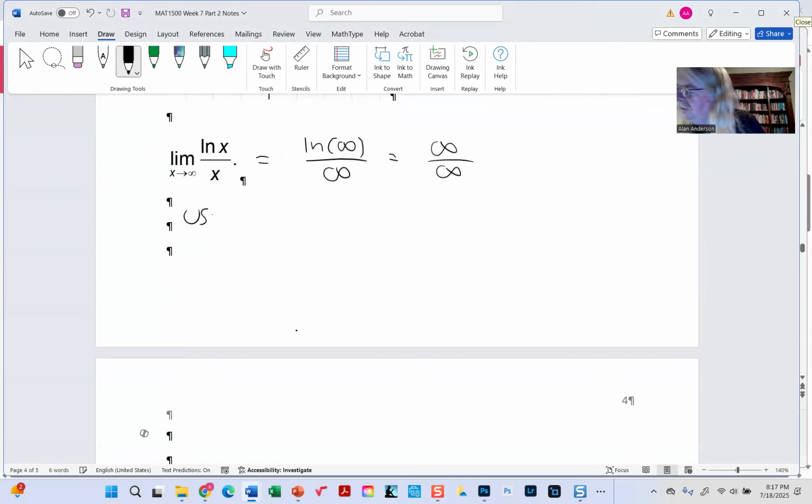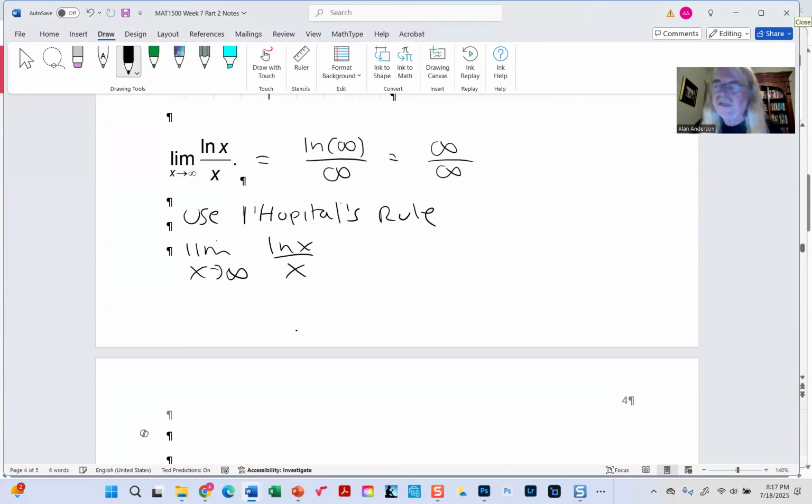So where's the derivative of log x? Put that over here, it is 1 over x. The derivative of x, of course, is just 1.